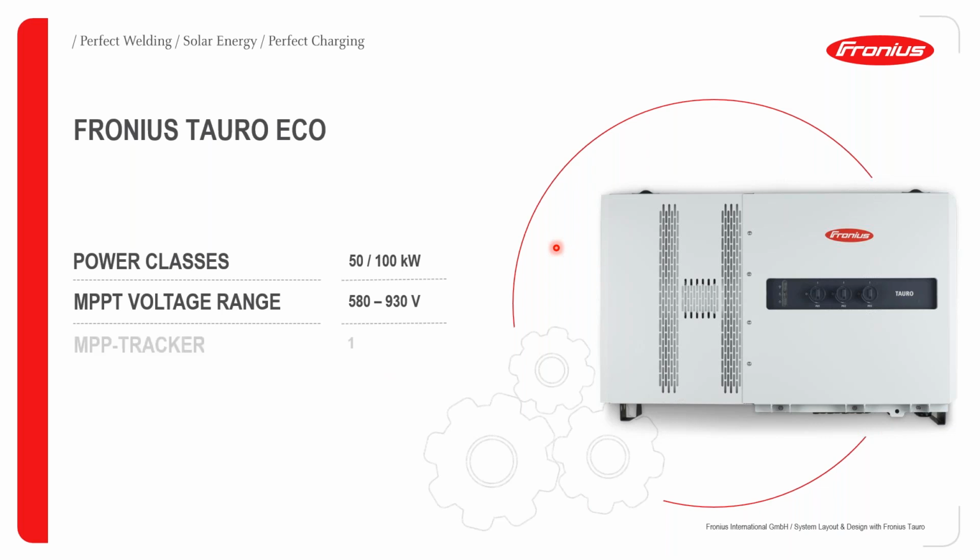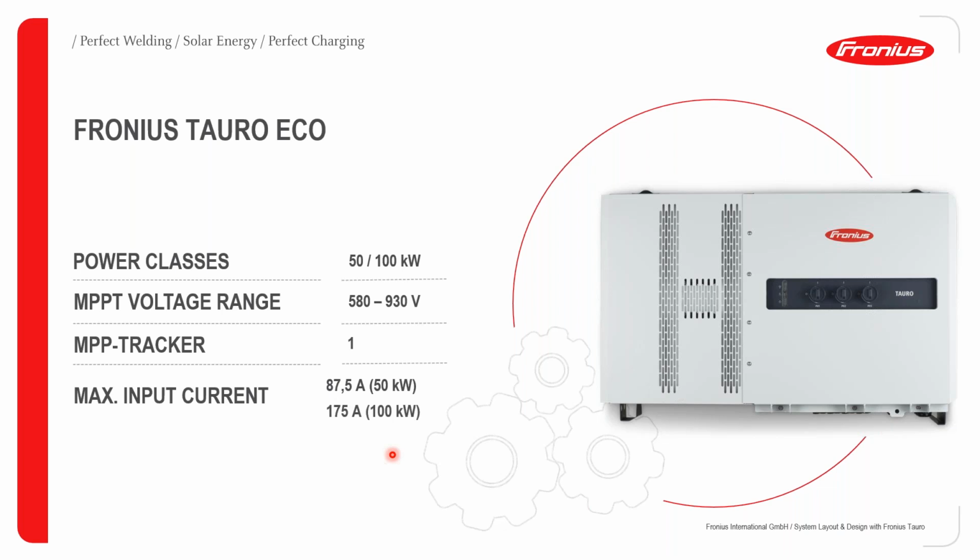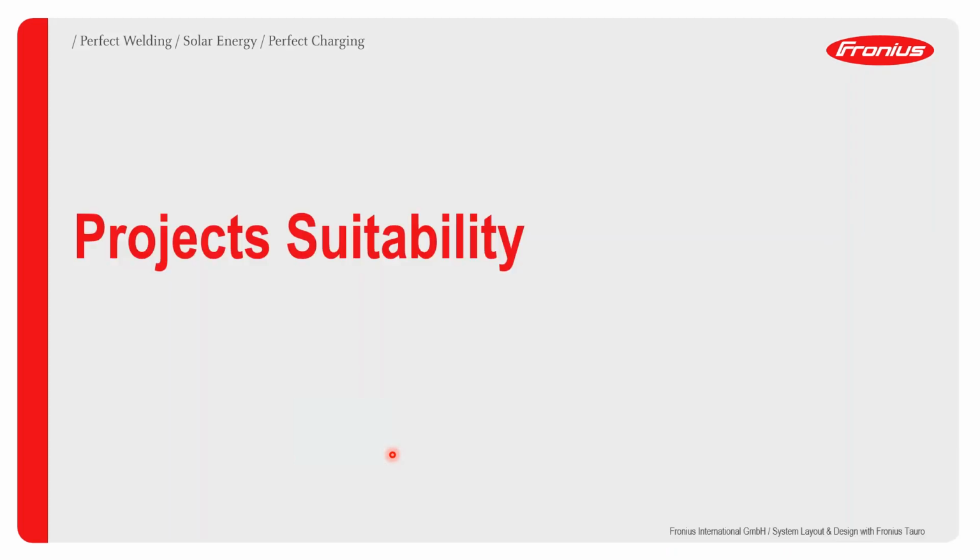In terms of the MPPTs, we have a big difference here because the Tauro Eco will have only 1 MPPT inbuilt, and therefore this is an inverter that is really optimized for commercial PV installations. The current handling capacity will be, for the 50 kilowatt version, a maximum of 87.5 amps, and for the 100 kilowatt version, 175 amps.